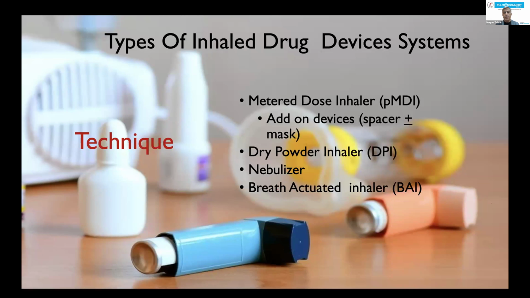So we have metered dose inhalers, dry powder inhalers, nebulizers, and also breath-actuated inhalers. There are lots of them available, but every inhaler, whatever the device you use, requires an appropriate technique, and that needs to be taught to the patient not only once but repeatedly.